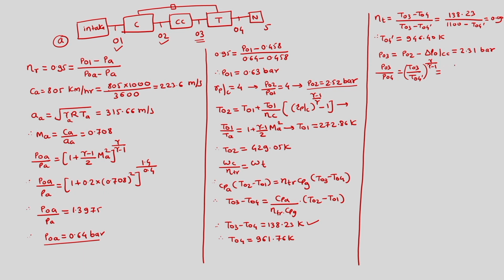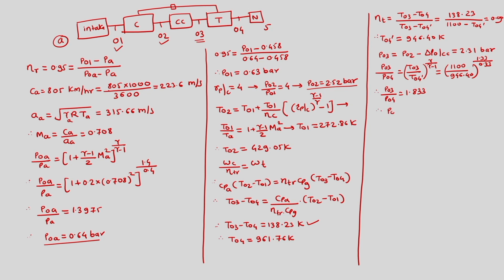So this would be 1100 divided by 946.40, bracket raised to 1.33 divided by 0.33, and we get P03 by P04 equal to 1.833.